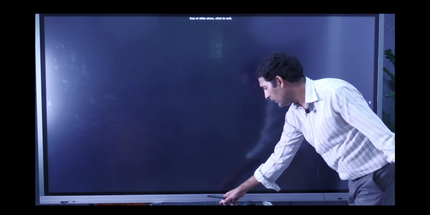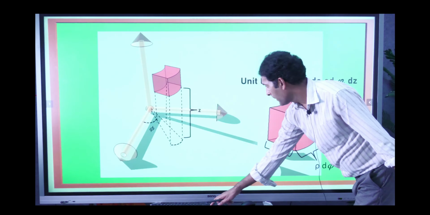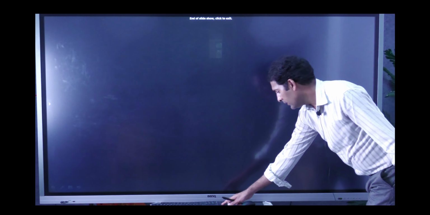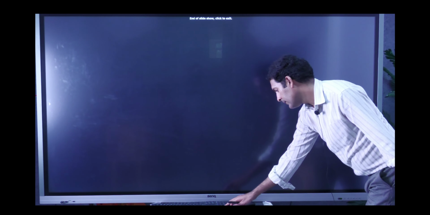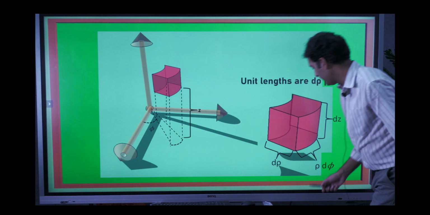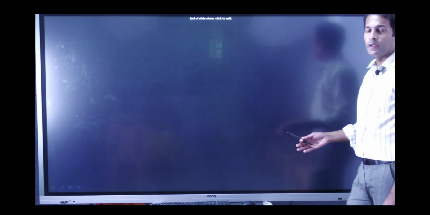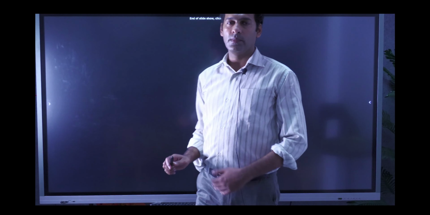That difference is dr. dr will look like this, it will be differential r. And the third one is r d phi. Sorry, r d phi is this angle, the curvical path, that will give us the r d phi component. So this is all about the cylindrical coordinate system.